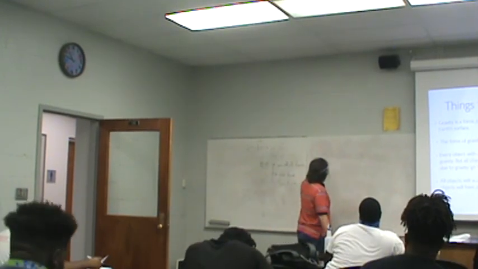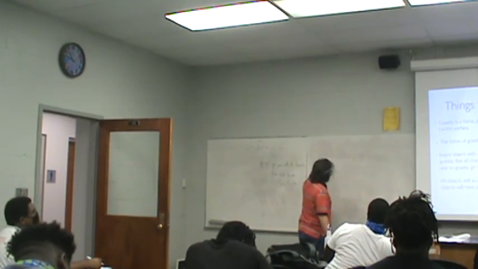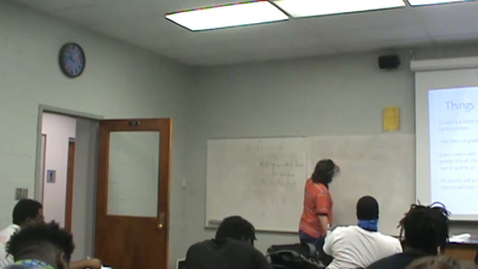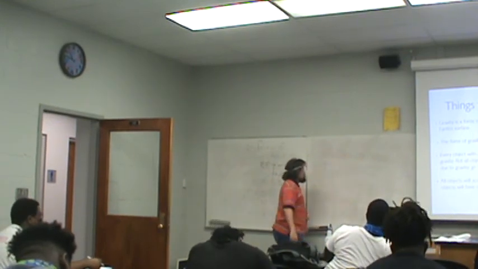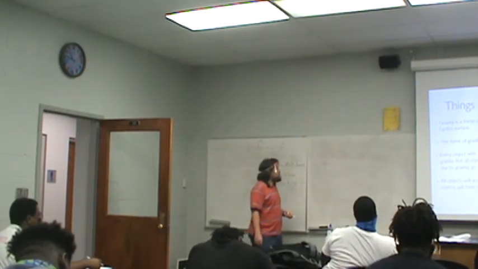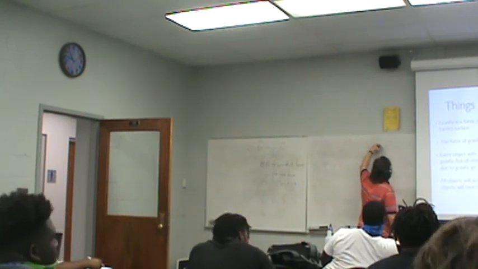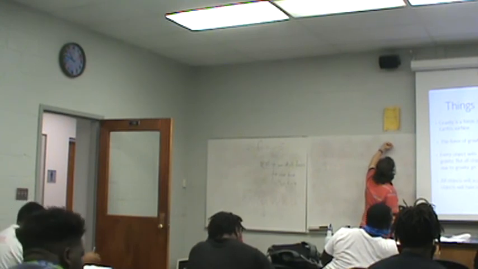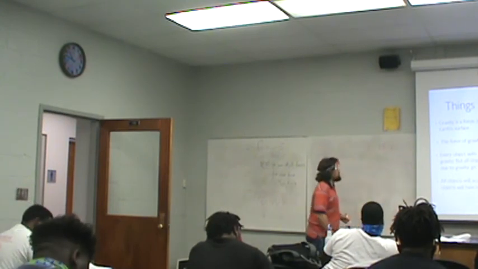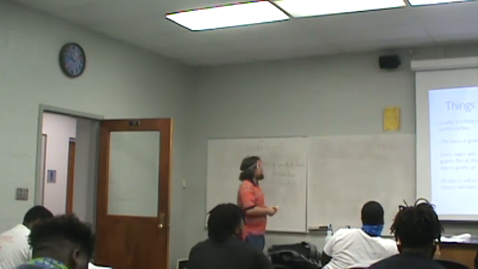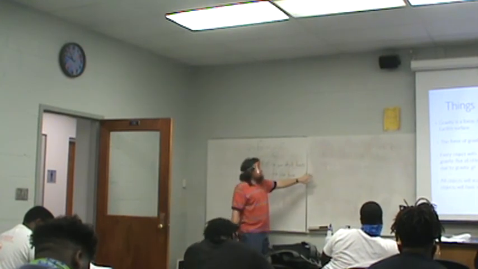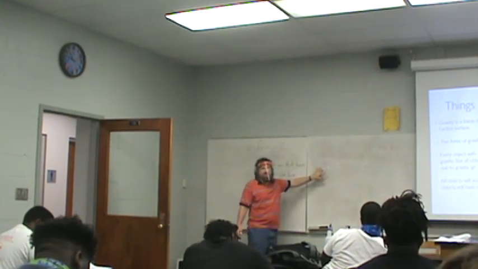So, force of gravity is equal to an object's mass times g, and g is the variable that we reserve for the constant negative 9.8 meters per second squared, the acceleration due to gravity. So, this is the formula to find the weight of any object.